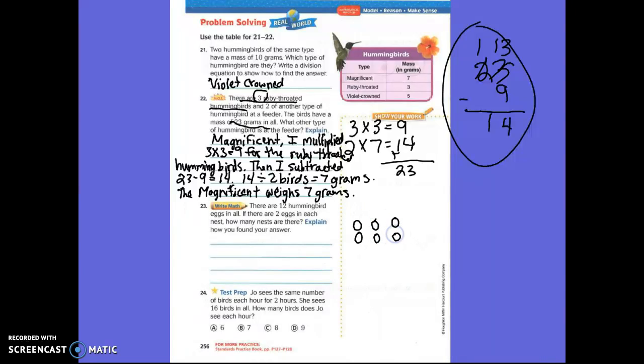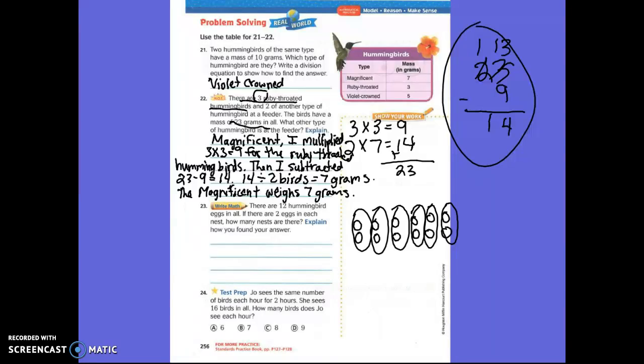Which this is basically, okay, an array maybe. Okay, then yes, you would circle each group, right? So we can figure out how many nests there are.